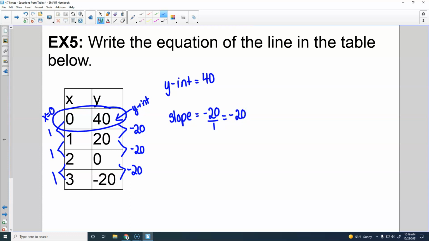Okay? So Laura, what is the equation if my y-intercept is 40 and my slope is negative 20? What is my equation? Perfect.